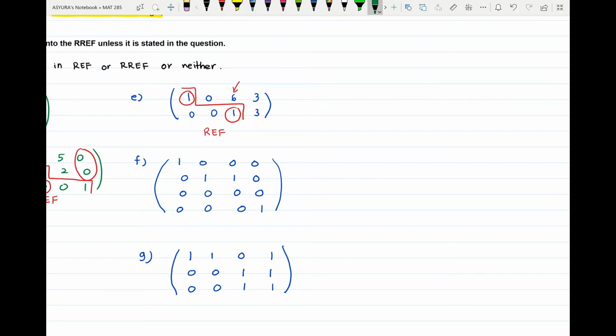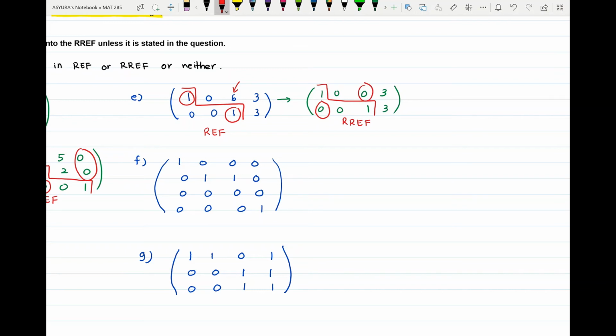If you want to reduce until RREF, it will be 1 0 0 3, 0 0 1 3. So this is in the form of RREF. You have the ladder, and below and above the leading one is 0.